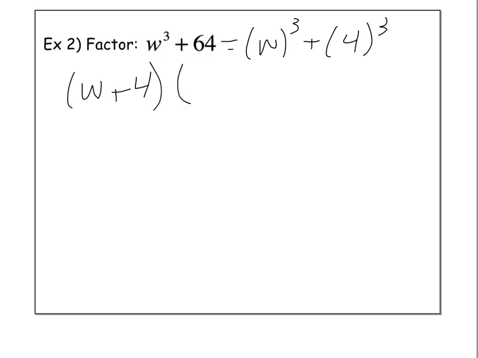The first term is this thing squared, so we have w squared. Now remember the sign. If this is a plus, this sign in here is going to be a minus, so we have a minus, and then these two terms multiplied together, so that gives us a 4w, with an always positive last sign, and then this term squared, which is 16. And we're done. Multiply that out if you'd like to check.